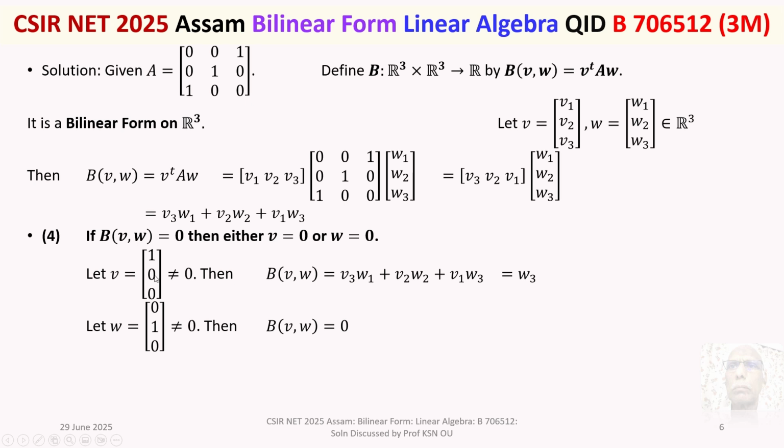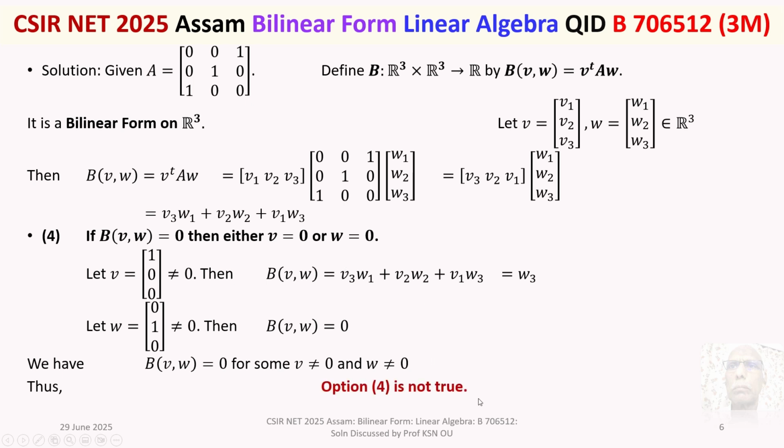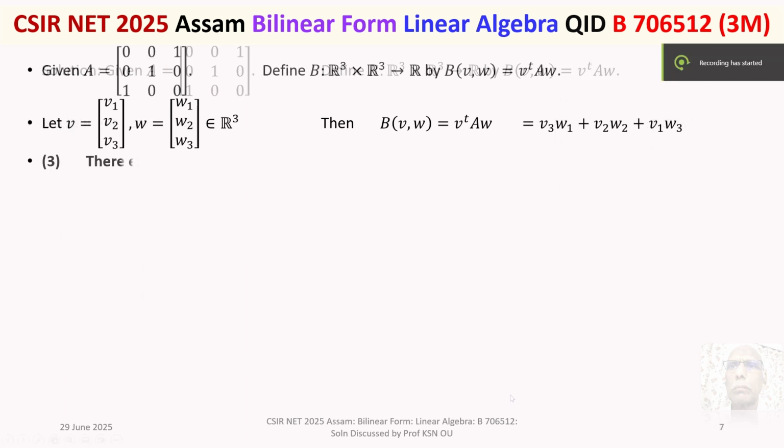So here we have found two non-zero vectors for which the bilinear form, that is B of V comma W, is 0. So we have B of V comma W is 0 for some V not equal to 0 and W not equal to 0, which violates option 4. Therefore, option 4 is not true.